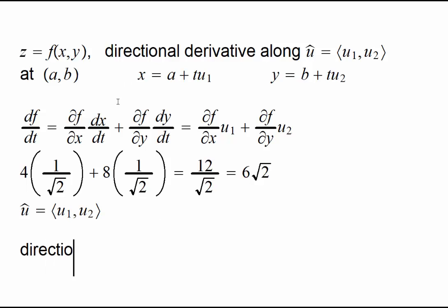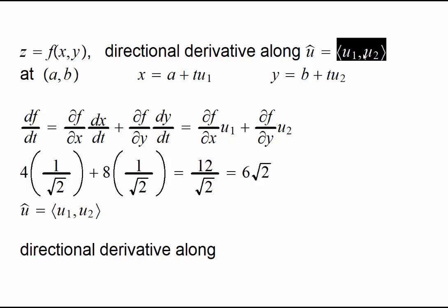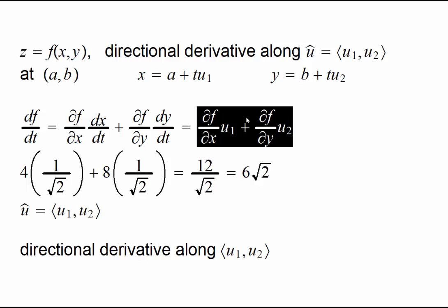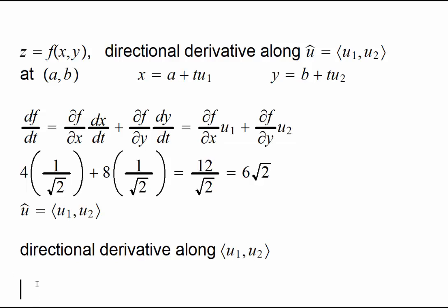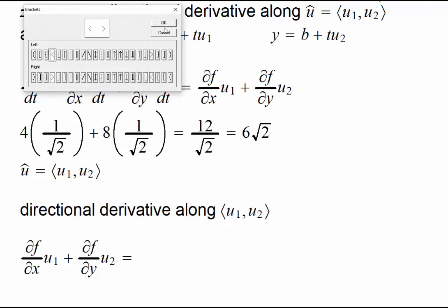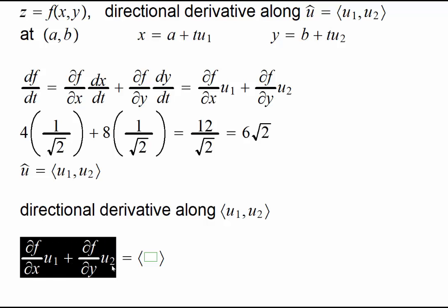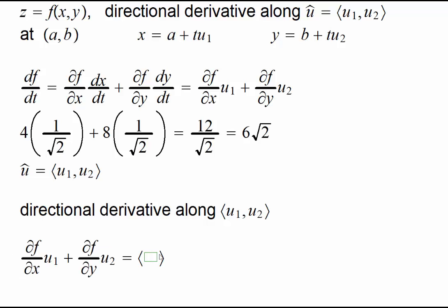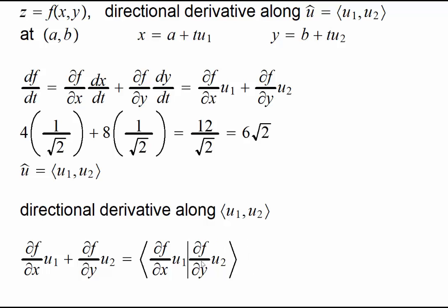And if you want, you can write that as a dot product: take these vectors, the gradient, comma, and then dot this vector. So that will be an easy working method for obtaining the directional derivative.